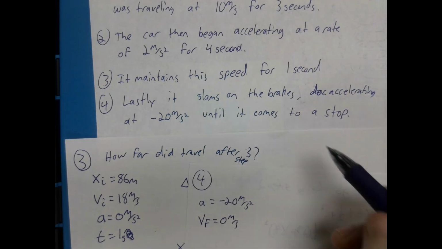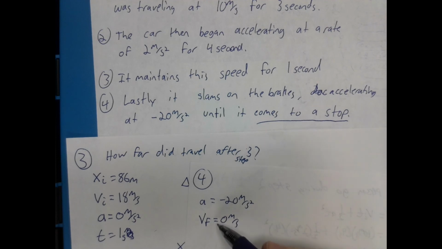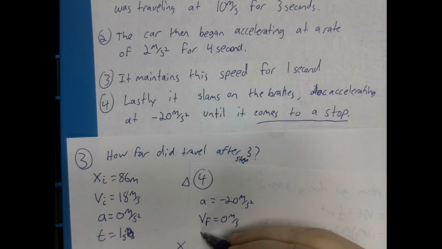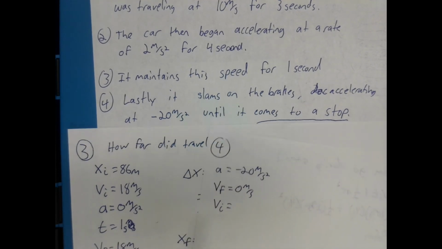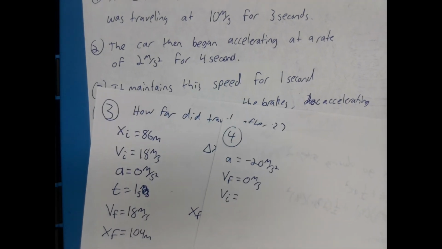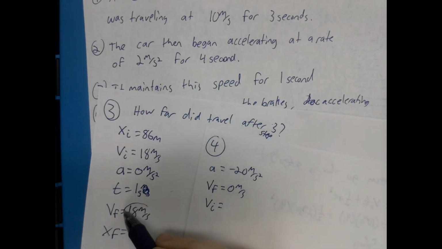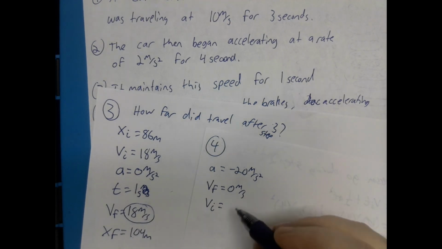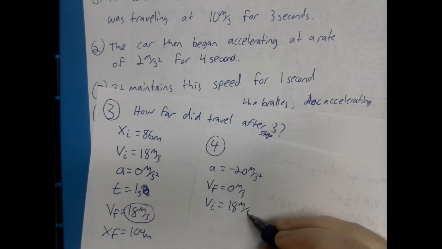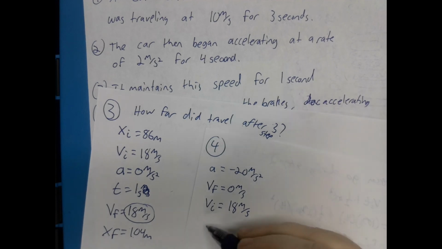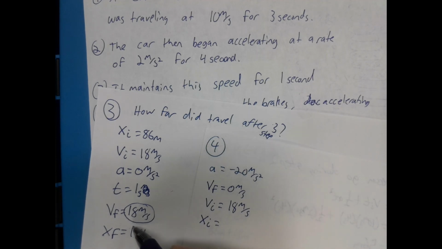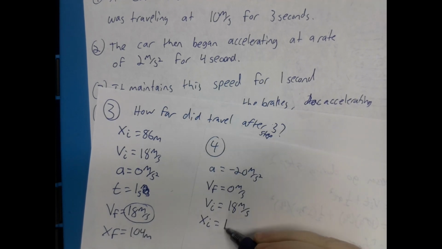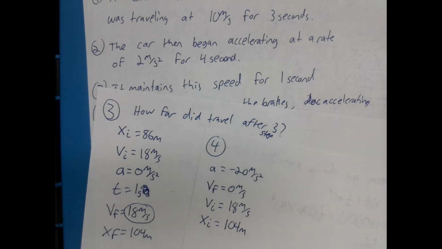So when it comes to a stop, that means our final speed is going to be 0. Our initial speed is going to be whatever speed we ended at in the previous problem. So looking at the previous problem, we were going at 18 meters per second. So our initial speed here is going to be 18 meters per second. Our initial position is going to be whatever position we ended up in step 3. So our initial position is 104 meters.